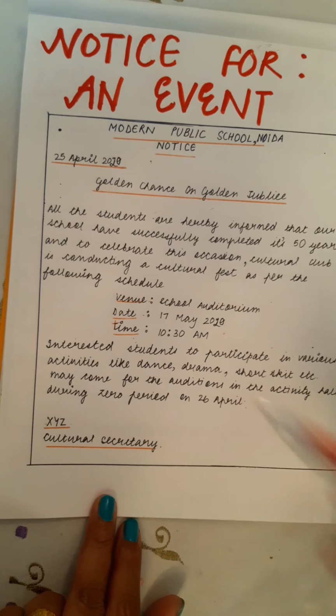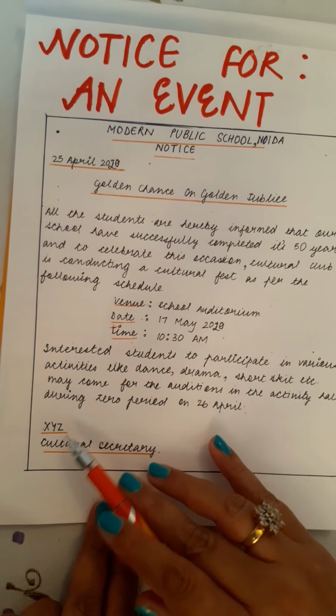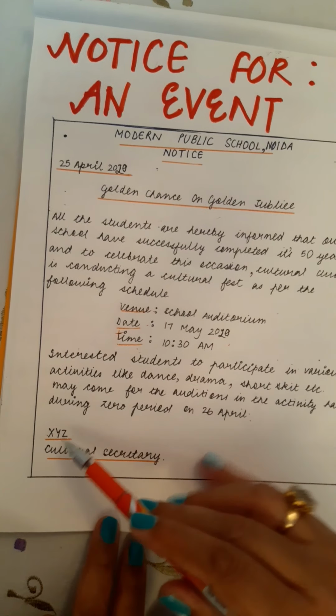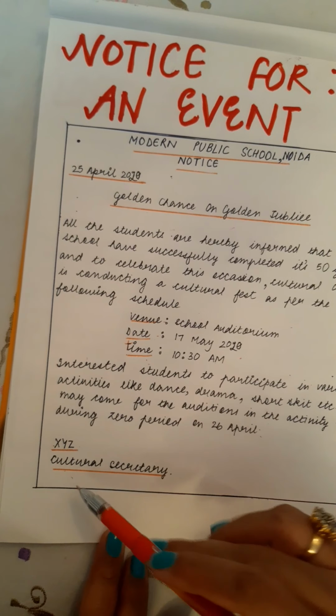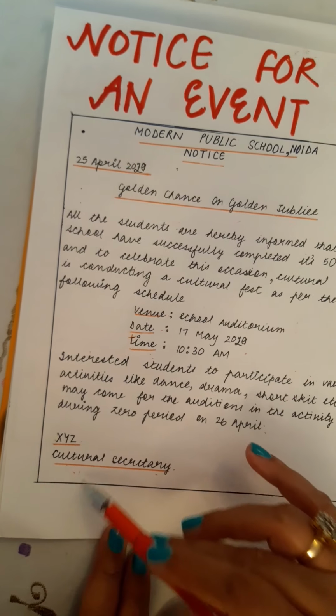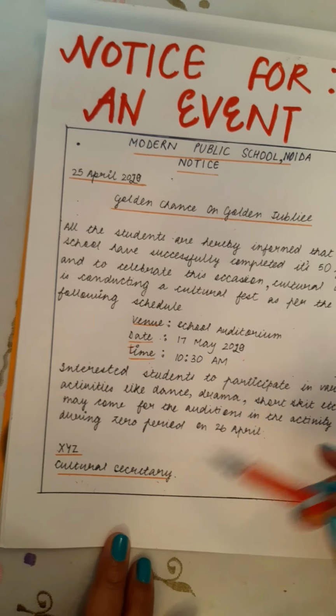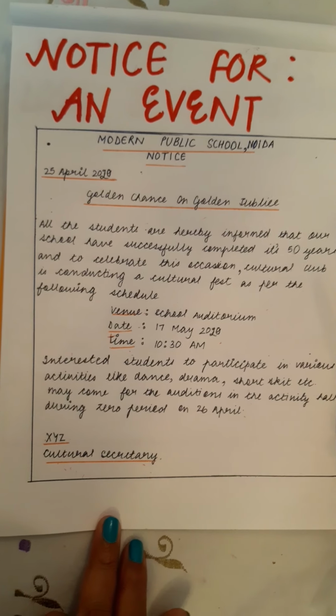If the name is given, then you have to write the same name given in the question. After that, I have written the designation. So this notice is written by the Cultural Secretary of the Cultural Club.